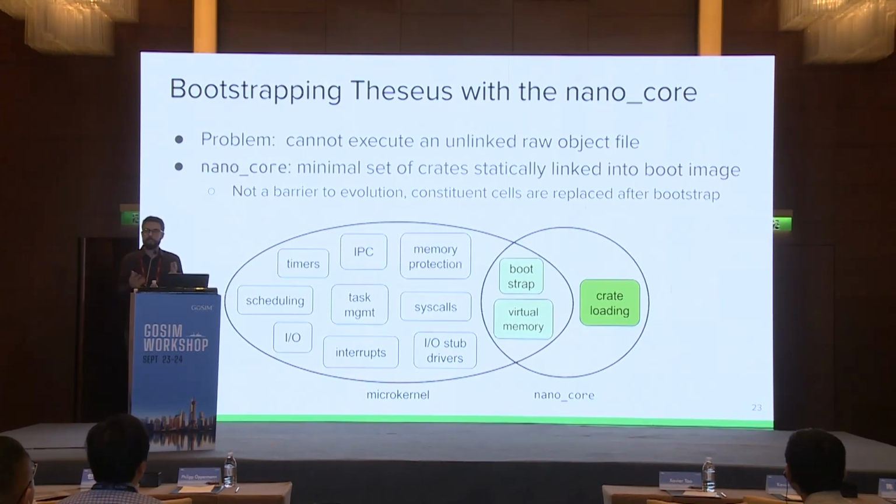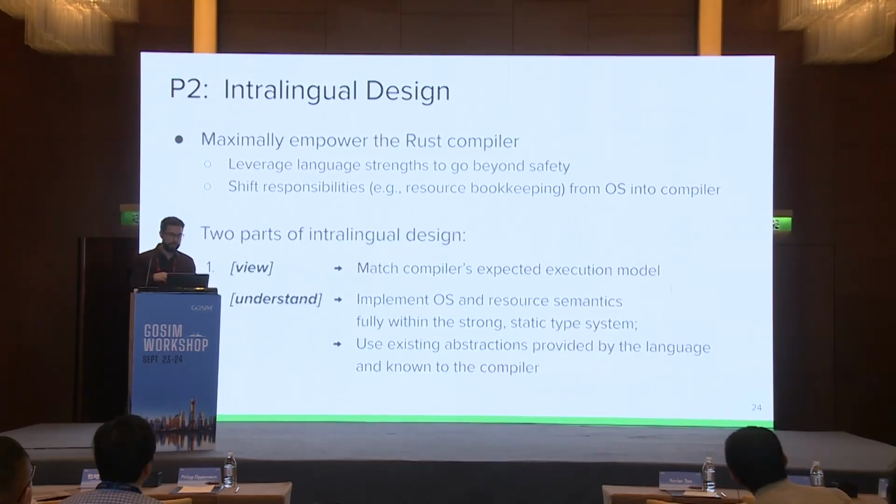So this is significantly smaller than what a microkernel is. A lot of folks think of microkernels as one of the smallest possible constructions for the OS core. But that's actually not true. You can get much further without including all of these different facets of functionality here. All right. Okay, so that was the first principle.